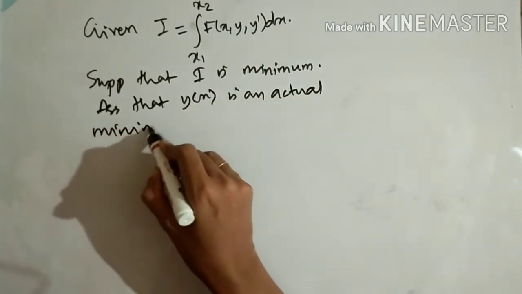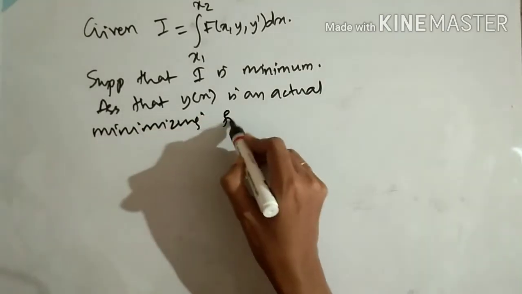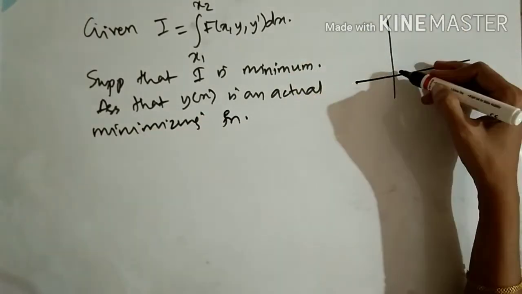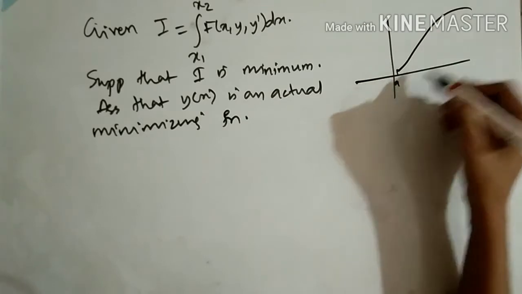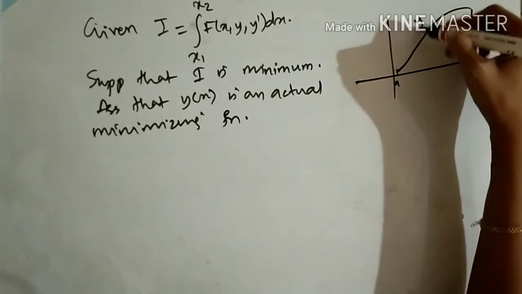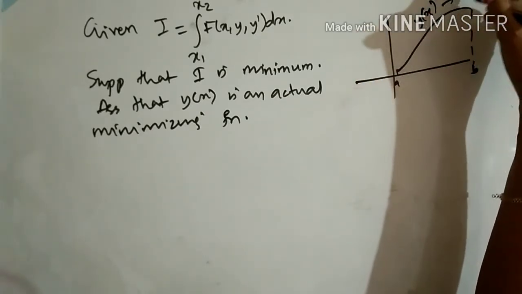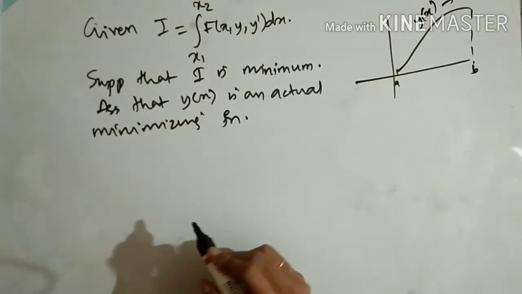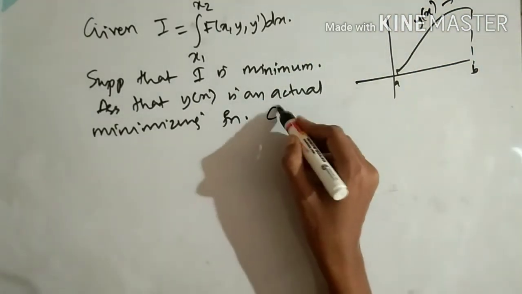You can see a particular interval a to b, and assume y(x) as the actual function, right?